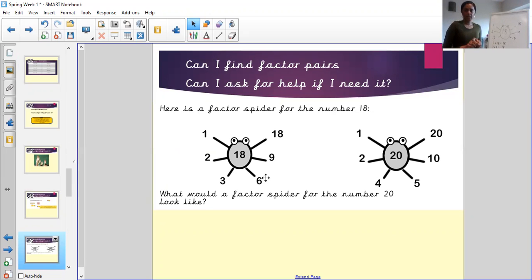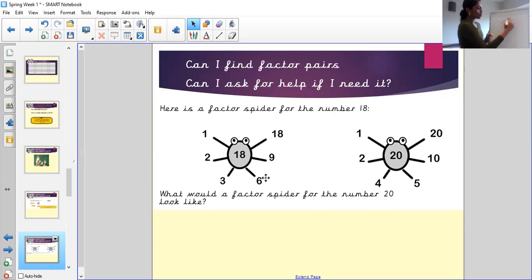The same goes when we are looking at the number 20. So we can also have a look at the number 20. I'm going to draw another factor spider. So 20 in the middle. Let's see what we've got here.